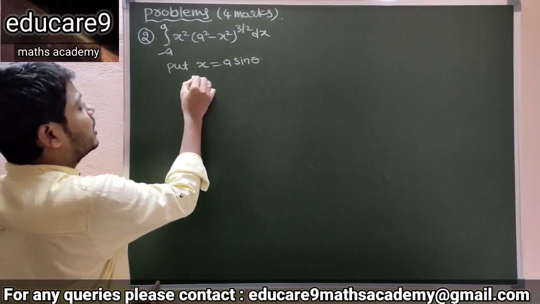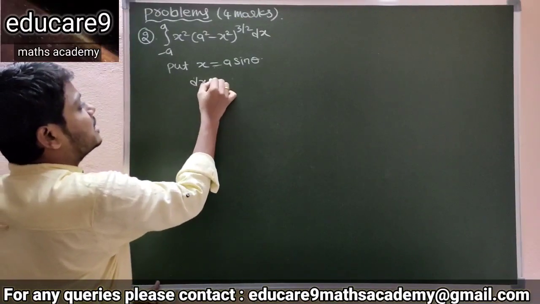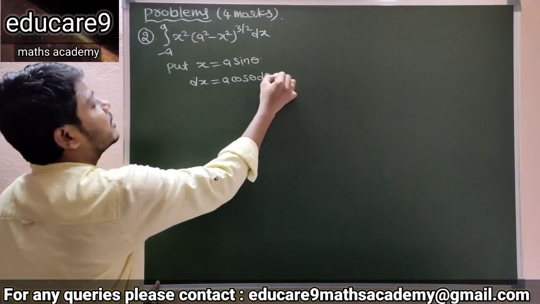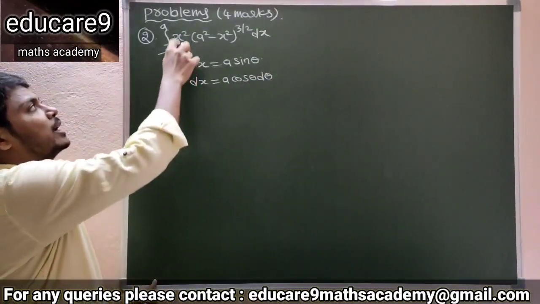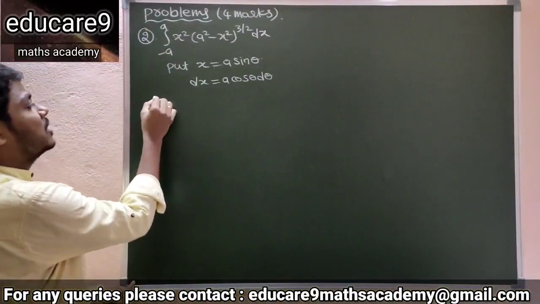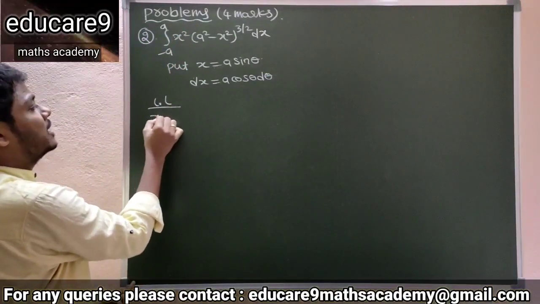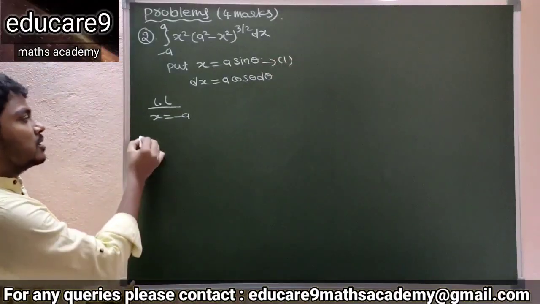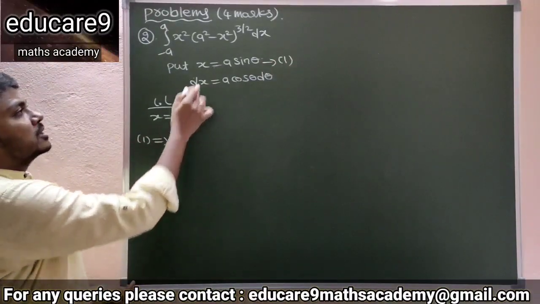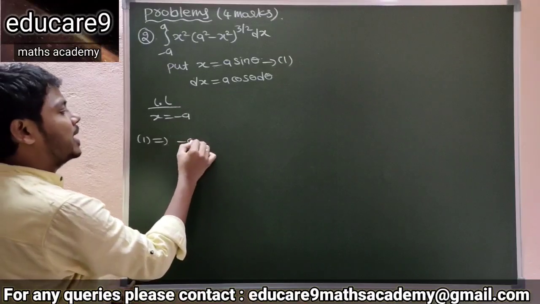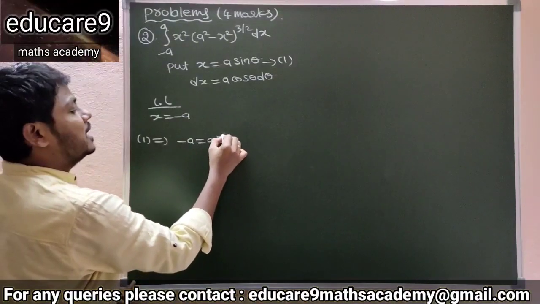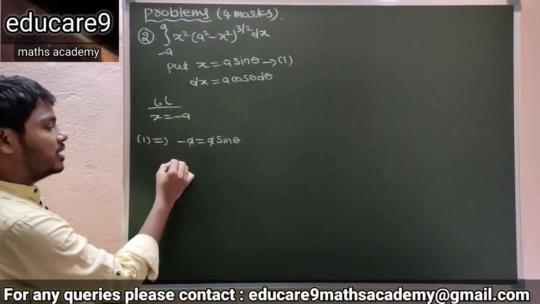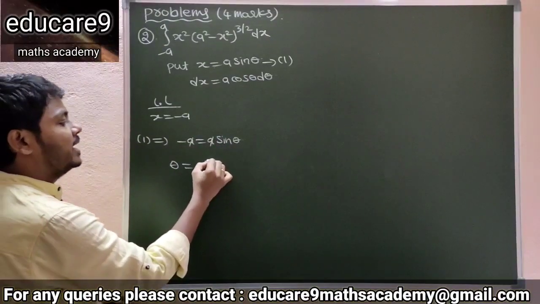So what you get? dx is equal to a cos theta d theta, and clearly the lower and upper limits also change. So what is the lower limit? x is equal to minus a. So this is equation 1. From equation 1 substitute x is equal to minus a. So minus a is equal to a sin theta, and clearly a gets cancelled, theta is equal to minus pi by 2.